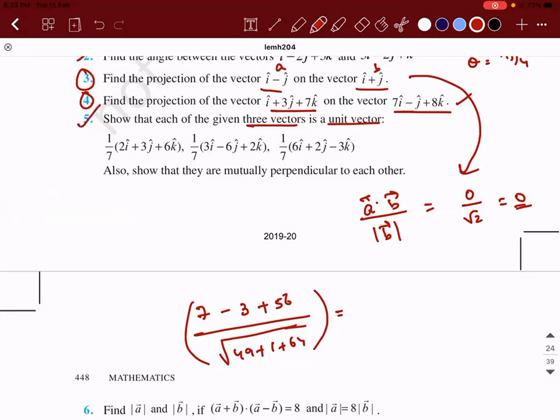Please answer, I asked a simple question. How are you going to prove it? The magnitude will be equal to 1. Just find the magnitude and show it is equal to 1, and show that they are mutually perpendicular to each other.